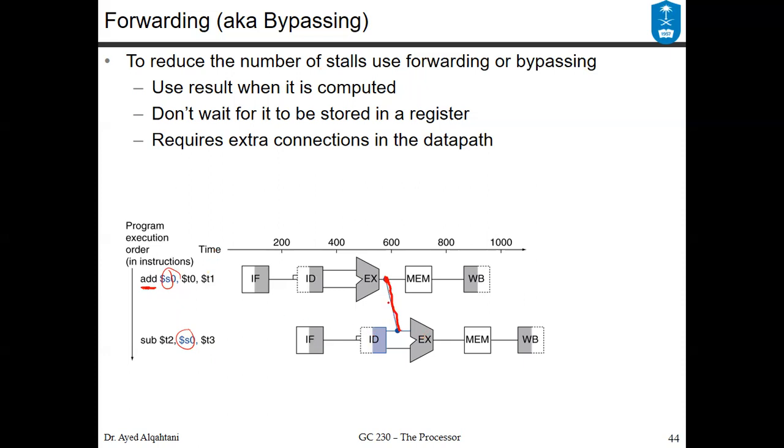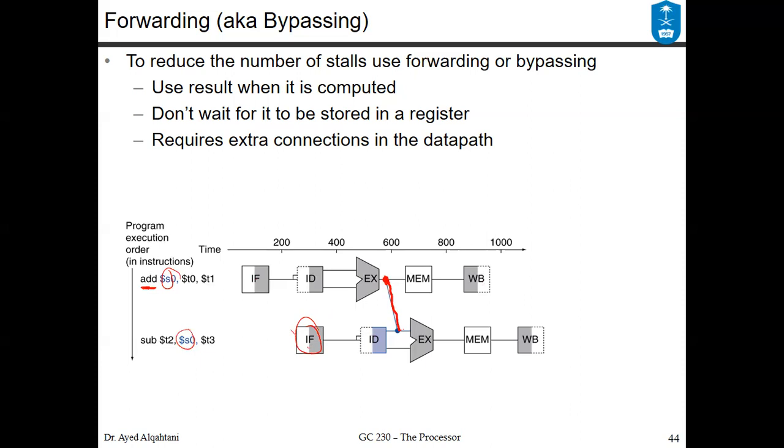So we fix it by forwarding. We got the result as early as we could from the execute. We didn't wait until it is written back. And since we are forwarding to the execute, we can decode and fetch. You can notice here that the fetch started right away, and we didn't waste any cycle. There are no bubbles at all.